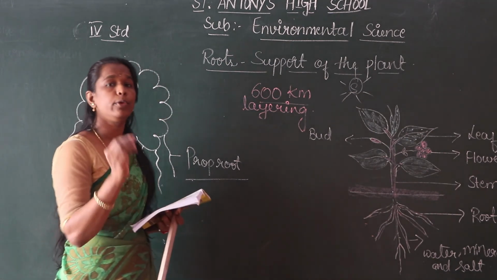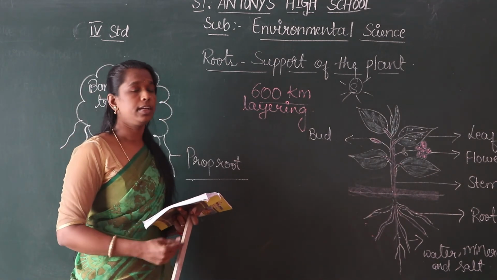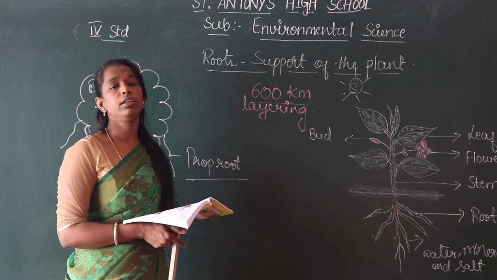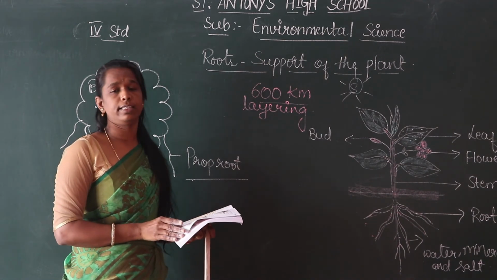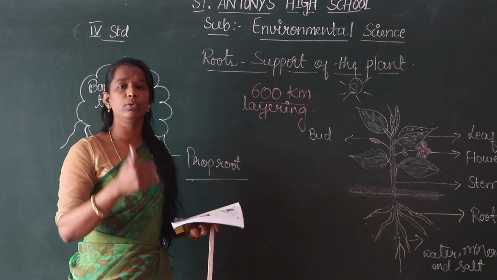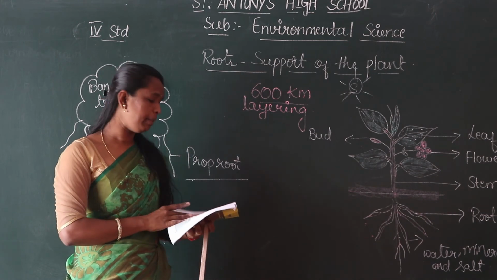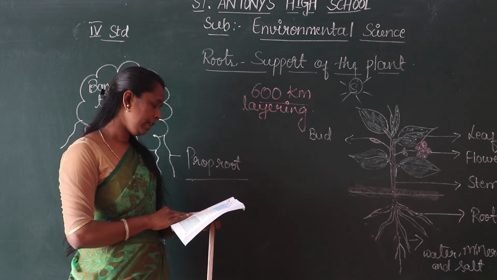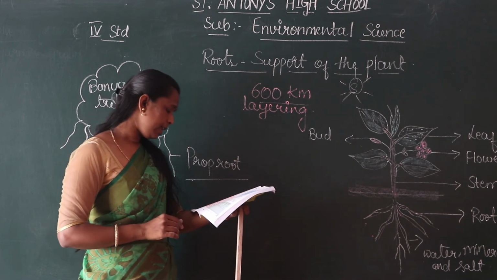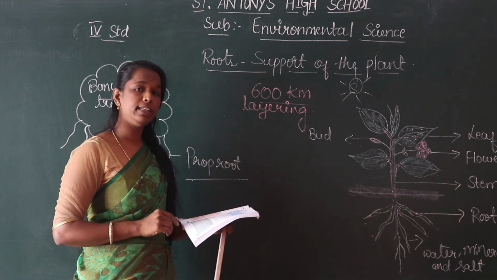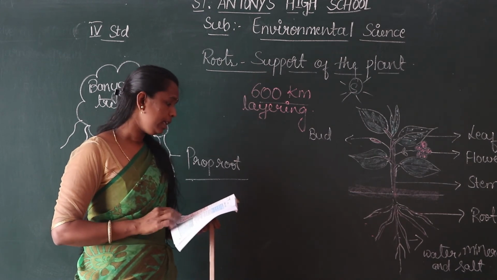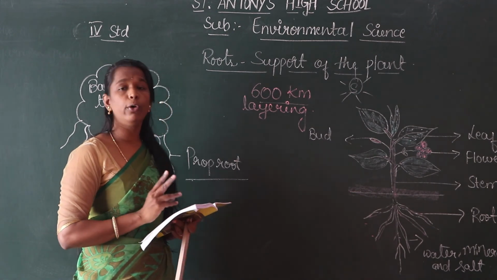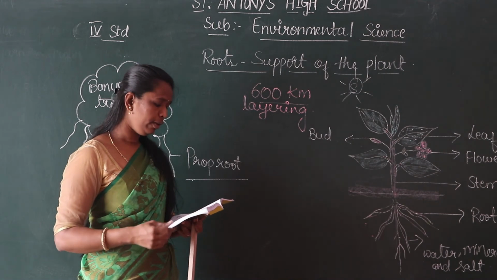So we eat some roots like radish, carrot, beetroot, sweet potato and so on. And also some of the roots used for medicinal purposes are ashwagandha, turmeric, ginger. See children, in your textbook page number 33, write the names of 4 roots that we use.